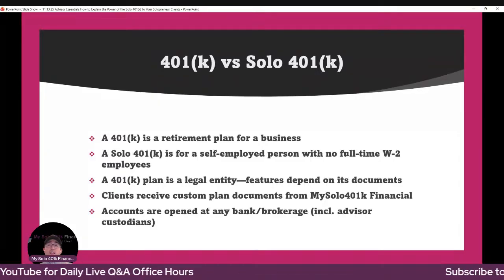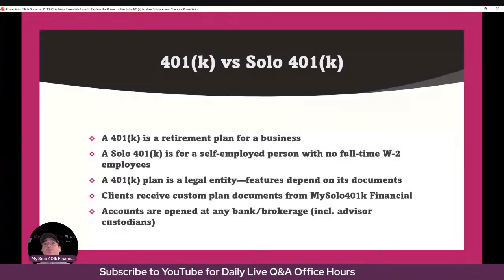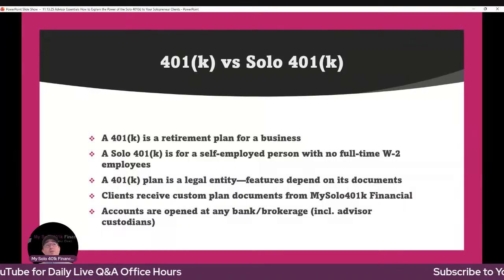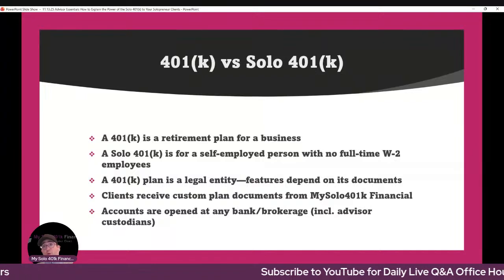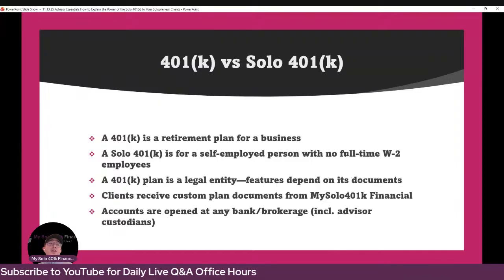You'll need to have separate accounts, either if there are different participants, like say a husband and wife that are both working in the same business, both participating in the solo 401k, they would have separate accounts. Or if there's different types of funds, like pre-tax versus Roth versus after tax. But ultimately, what's most important is that those accounts are opened up under the name and EIN number of the plan.